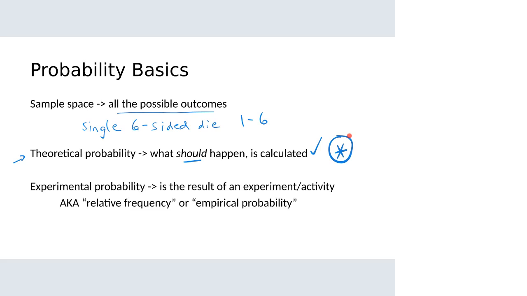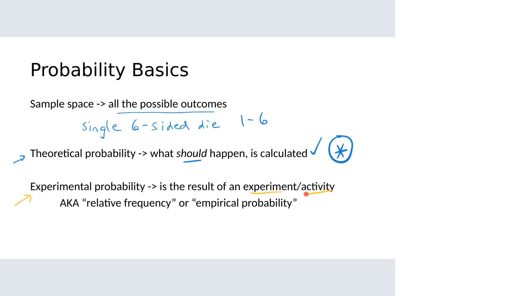Theoretical is the type of probability we are primarily going to be focused on. But we are going to see some of the other kind of probability, and I want to make sure you're aware of it, and that is experimental probability. Experimental probability is the result of actually doing an experiment or an activity. Let's say I wanted you to flip a tack up in the air, and I wanted to know the probability that it's going to land pointing straight up.